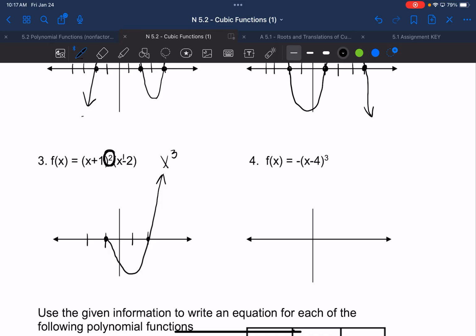That is what we call a double root. And when you have a double root, instead of crossing through like normal, you bounce off the x-axis. Anytime you have a double root, you are going to bounce off the x-axis. Meaning, instead of going through, it turns around and sends you right back the direction you came from.